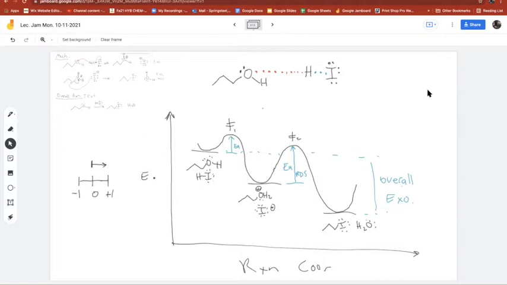The transition state's actually closer to 0 because it looks more like reactants. So for that transition state, I don't know the exact number for it, but I'm going to say it's at like +1/4, say. It's not quite to +1/2.